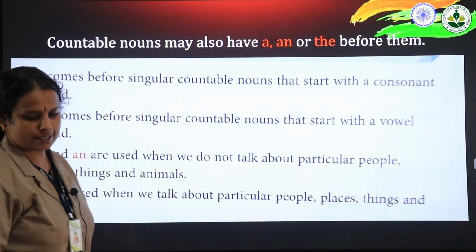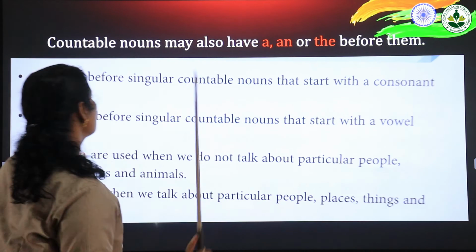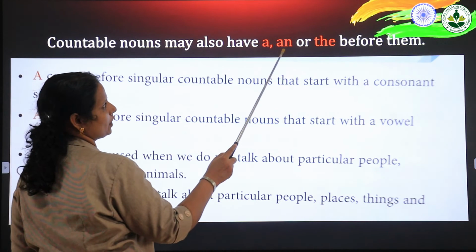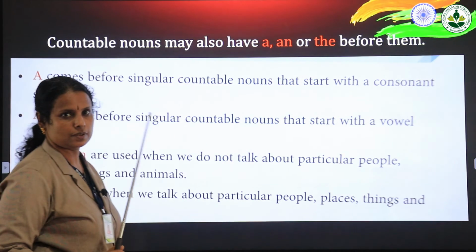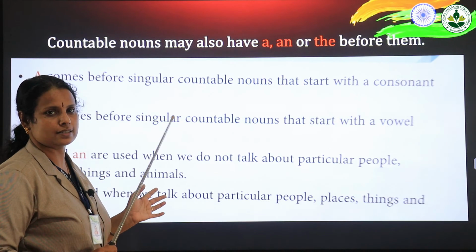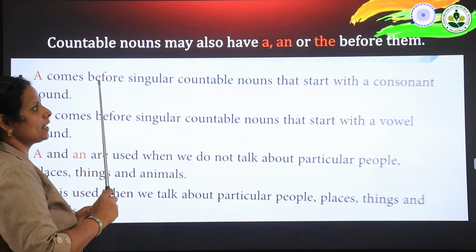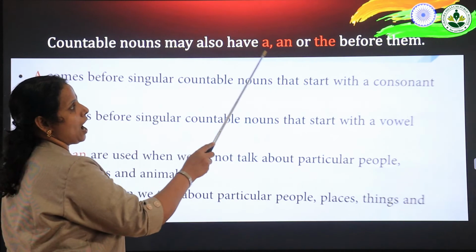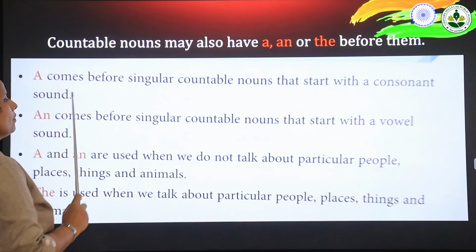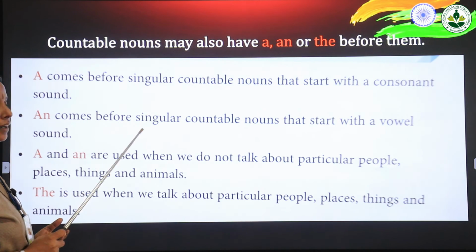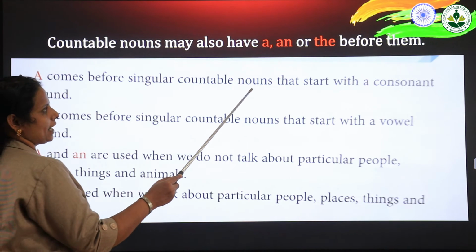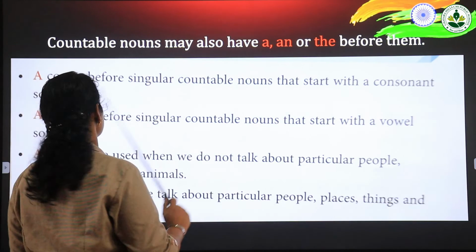Then next, there are some rules. Countable nouns may also have a, an or the before them. We can identify the countable nouns from a sentence. How? The countable nouns may have a, an or the before them. And also where we have to use a: A comes before singular countable nouns that start with a consonant sound.